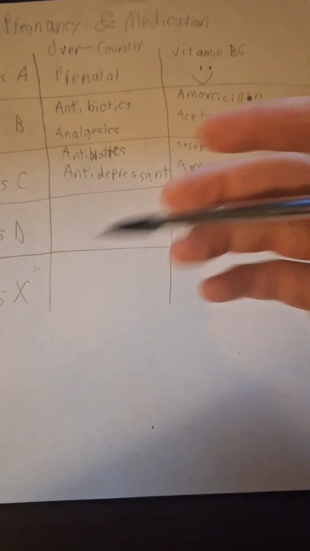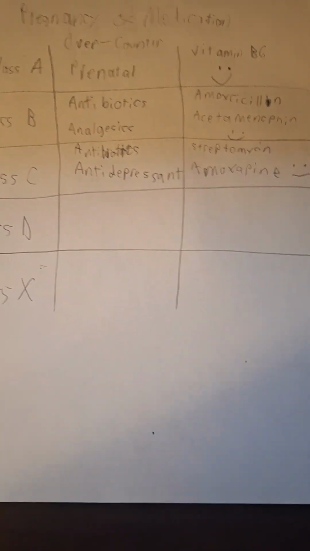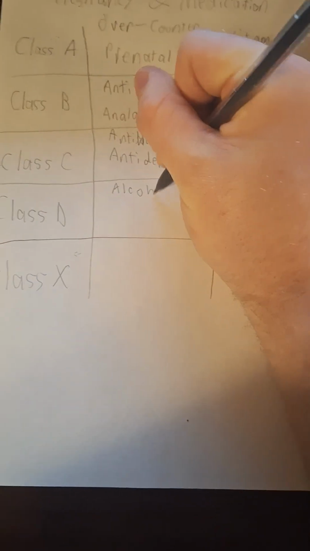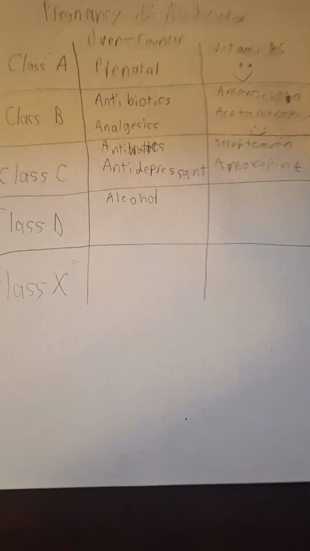Now, class D is where drugs are very likely to cause health risk for the fetus. So you've got, obviously, alcohol. That's kind of a no-brainer. Don't drink while you're pregnant, right?